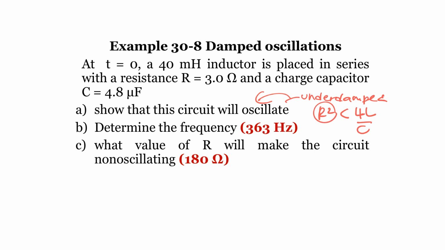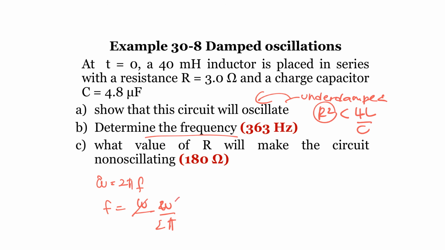Okay, so determine the frequency. As you can see, the relationship between the frequency and omega is omega equals 2 pi f. So to get the frequency, it is going to be omega over 2 pi. Okay, so omega here is not the normal omega.